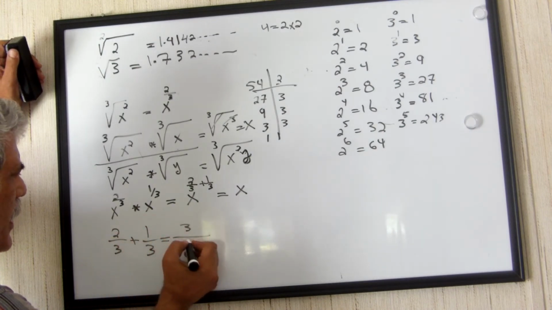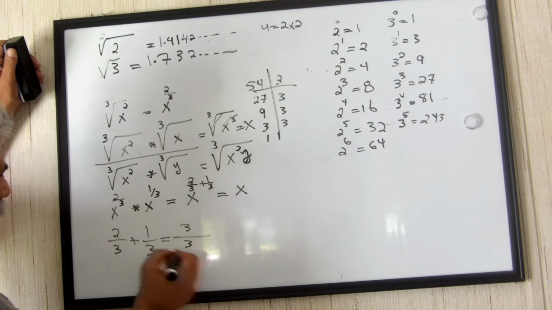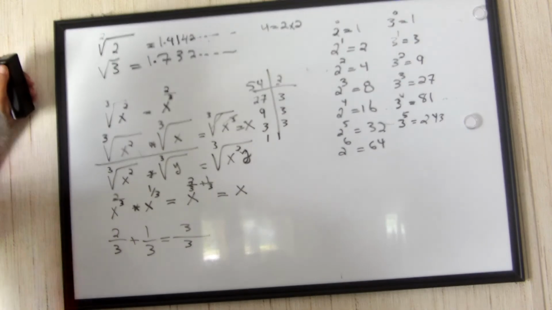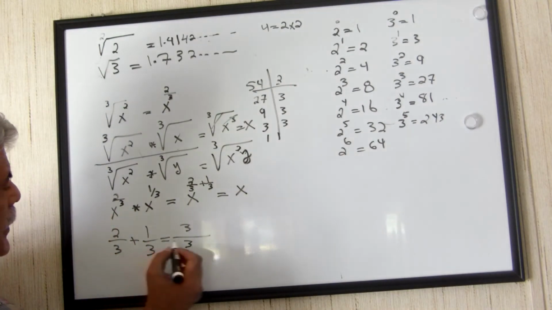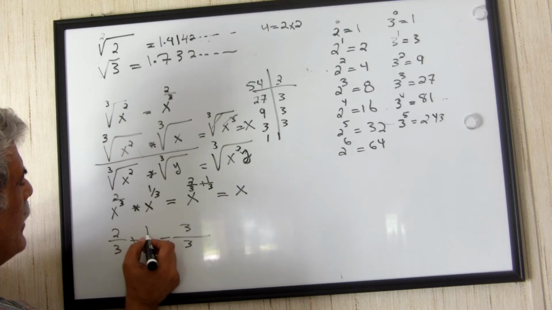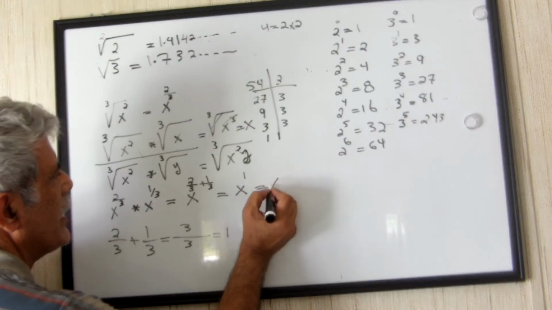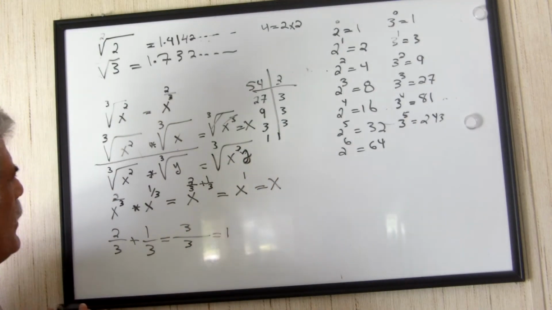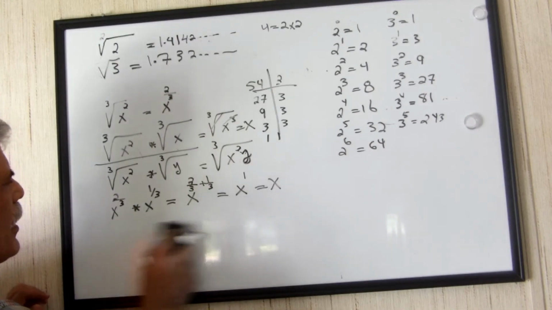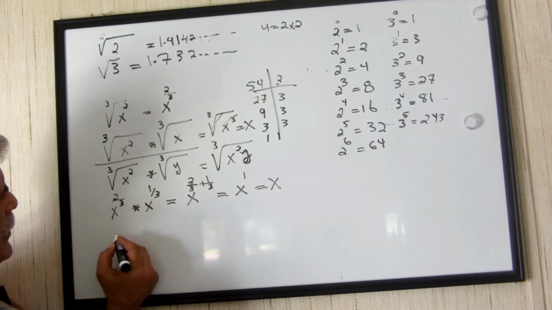It's going to be 3. We write the base here, and we keep the denominator, which gives 1. So this is going to be x to the power of 1, which is x. We don't write this exponent. So how about if this one was x to the power of minus 2 over 3?